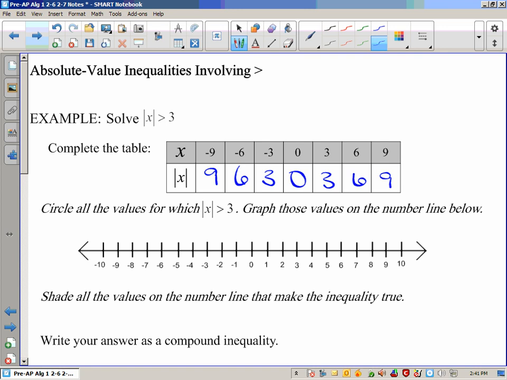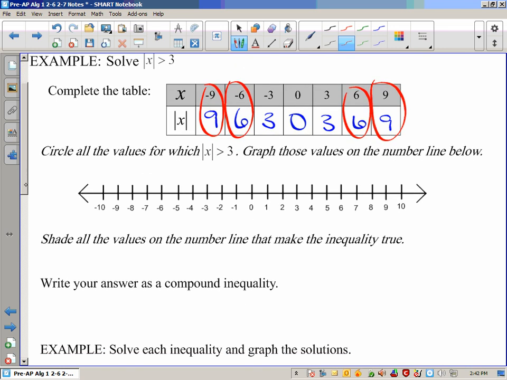So then I'm going to circle all the values that are greater than 3. Here's one. Here's 1. 3 is not greater than 3, so I can't circle it. 0 is not greater than 3. Okay, so then 6, 9. So when I plot these on a number line, I've got negative 9, negative 6, 6, and 9.